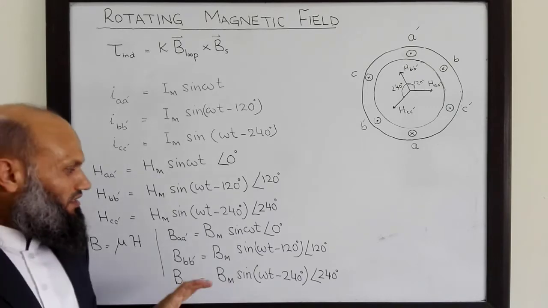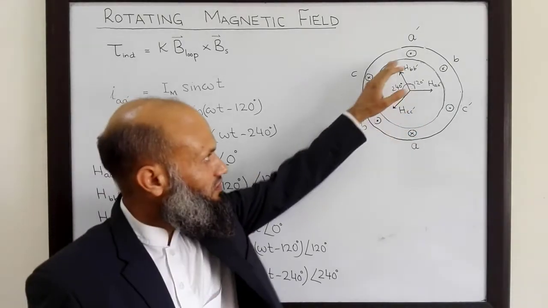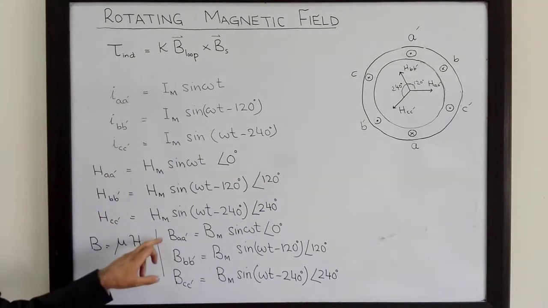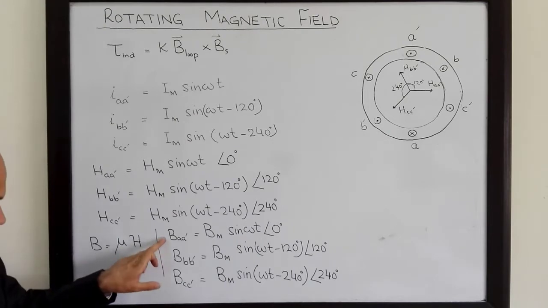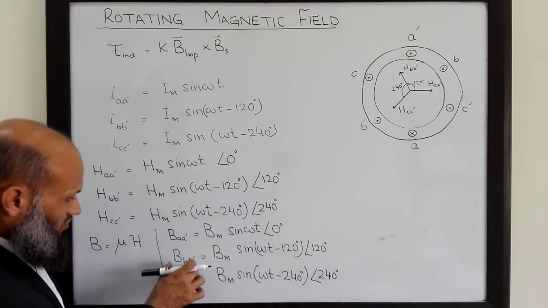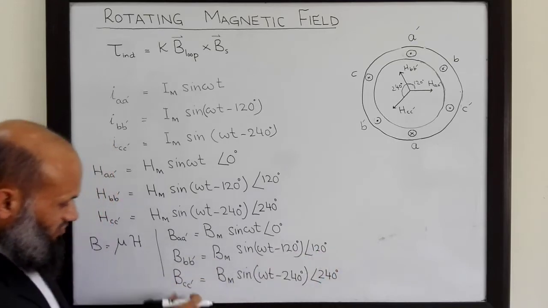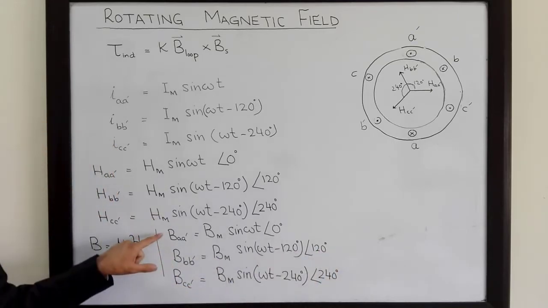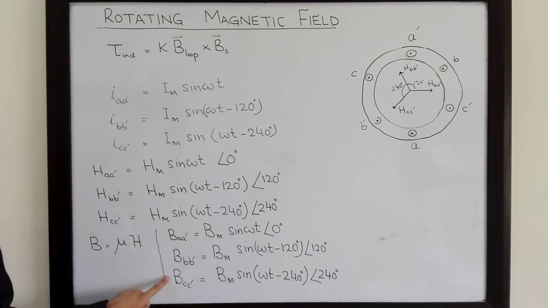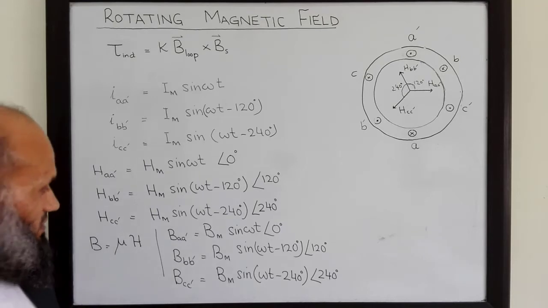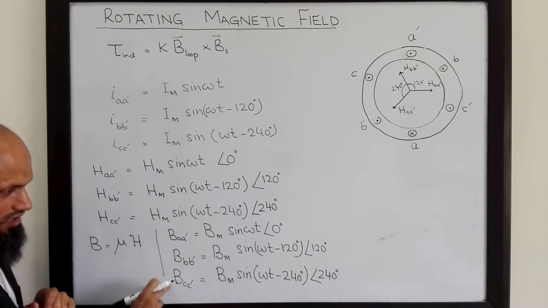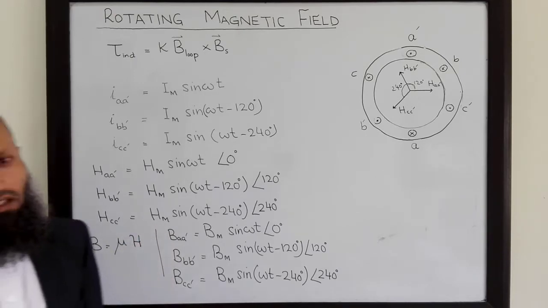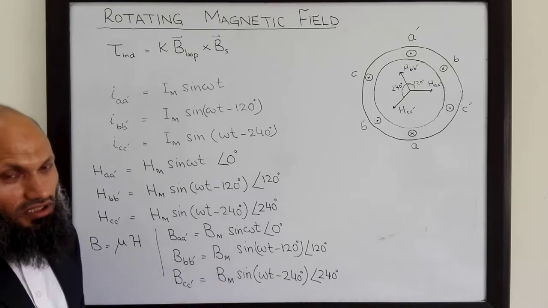So what is the net flux density in the machine? Net flux density is the vector sum of all these vectors. These are all vectors with magnitude and direction. So the net flux density is equal to the vector sum of all these vectors, and we shall show that the magnitude of the net flux density, which is obtained by the sum of these vectors, is constant and it will be rotating.